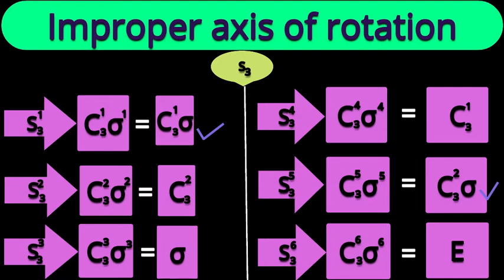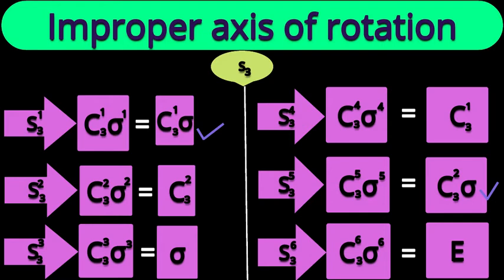Next operation S3^3 means C3 operation three times and sigma operation three times. C3 operation three times means identity, and sigma operation three times means sigma. If we have considered sigma previously, then again not to consider. Means S3^3 is not to be considered if this sigma is previously considered.